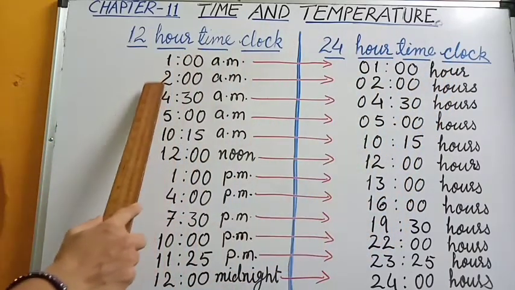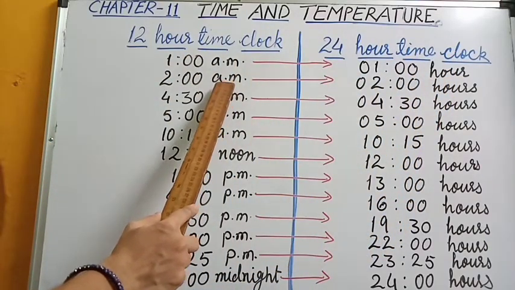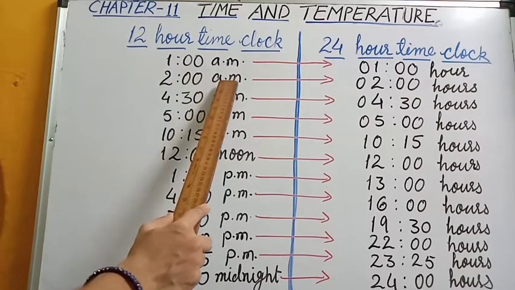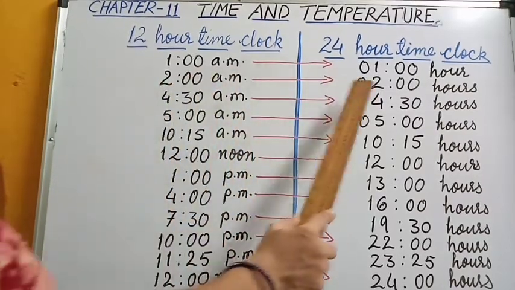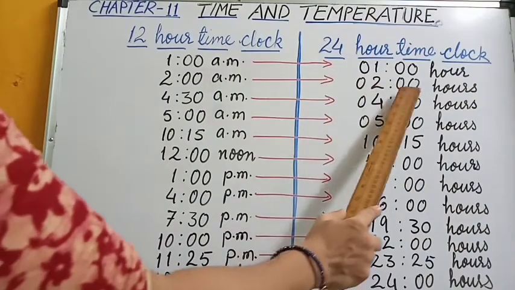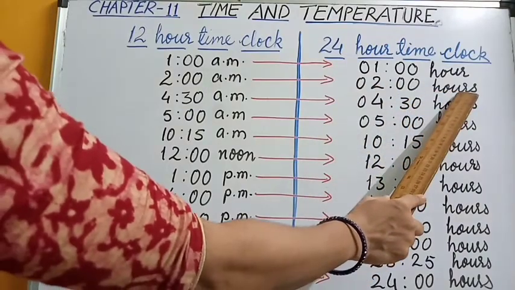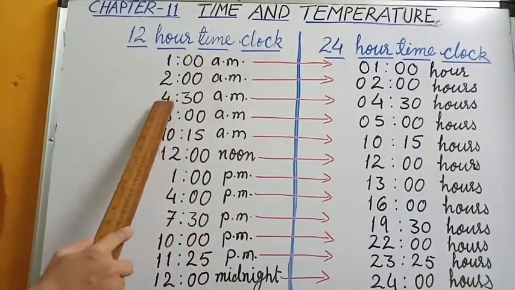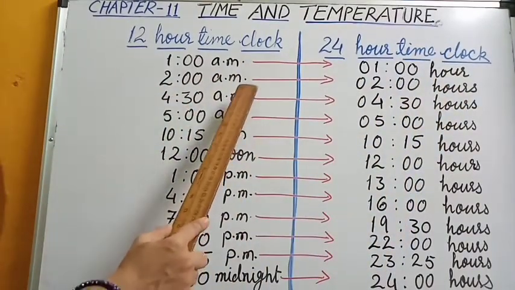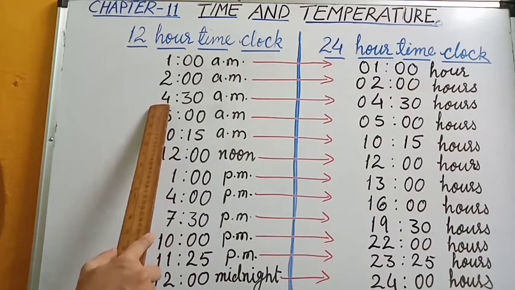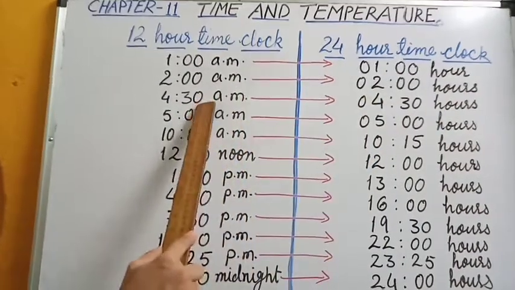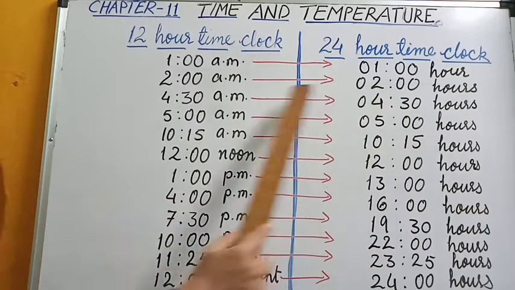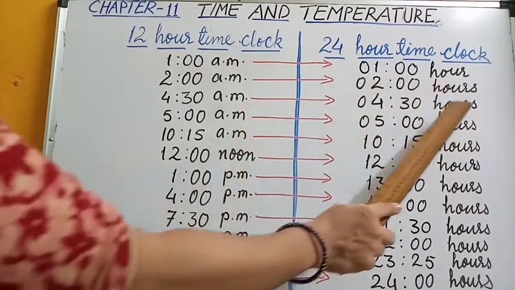And 2 AM can be written as, here also we have to remove AM and write 2 in 4 digits, 0200, and we have to add hours. So 2 AM is 0200 hours. Now 4:30 AM. So 4 is hours, so we have to write 04, and 30 minutes, and we have to remove AM and add hours.